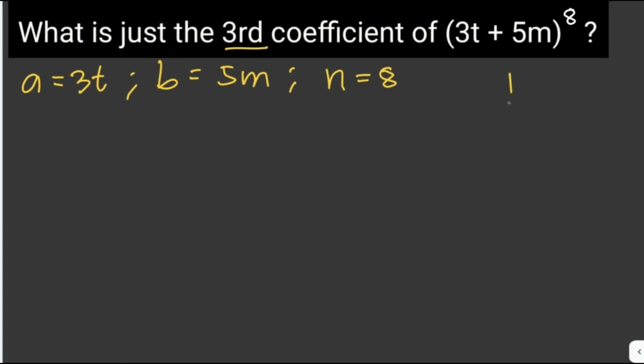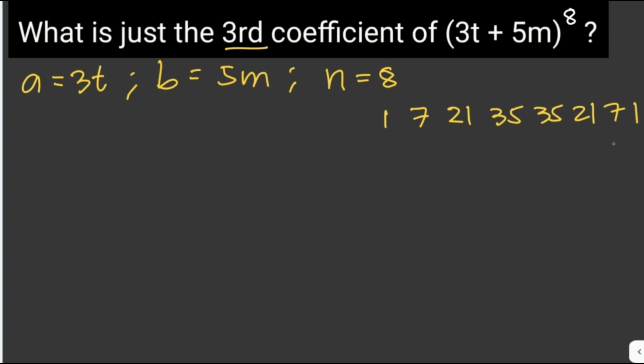And now for our coefficients, since this is 8, we've previously determined the coefficients of the binomial expression raised to the power of 7. That's 1, 7, 21, 35, 35, 21, 7, 1. I don't need to write down everything.